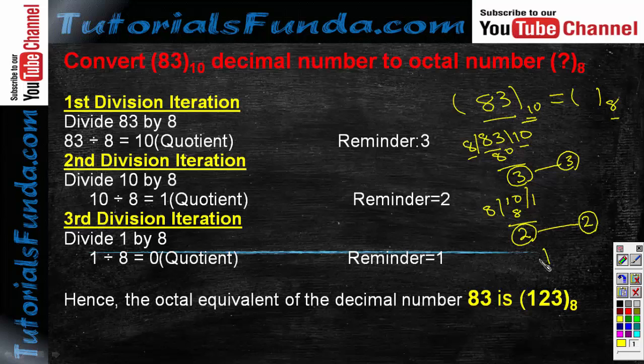Again the quotient is 1, divide 1 by 8, then you will get remainder 1. Record the remainder, that is 1.